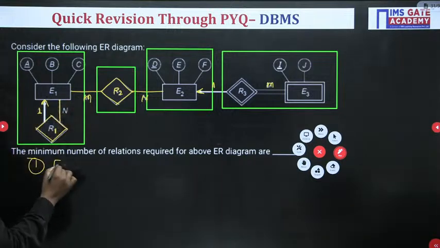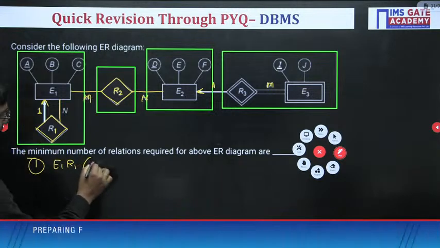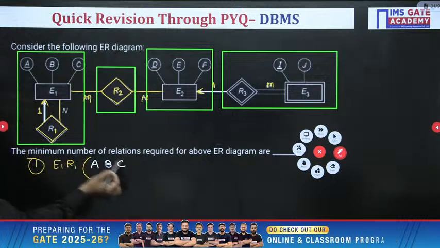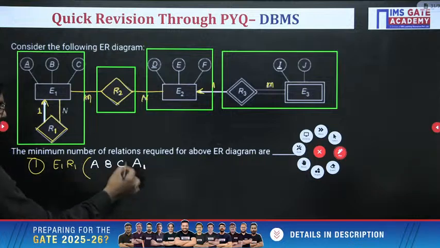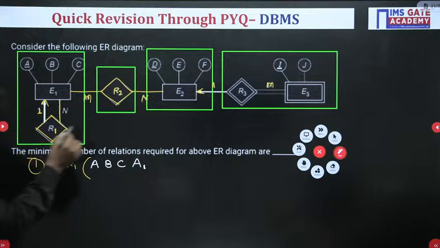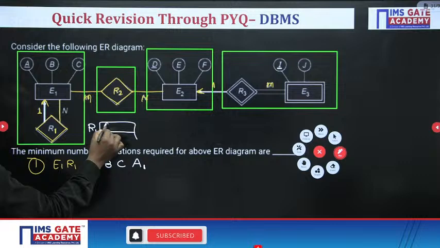The single table is E1 R1, and the attributes will be A, B and C, but it will have one more attribute A1, which is nothing but the same A. While merging, R1 has two attributes separately, A1 and A2.